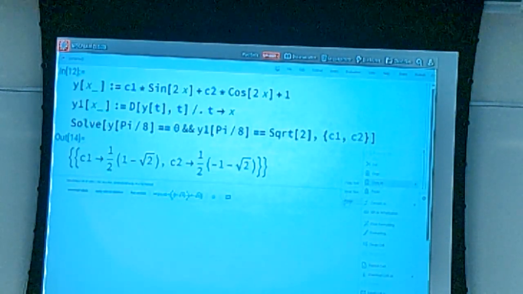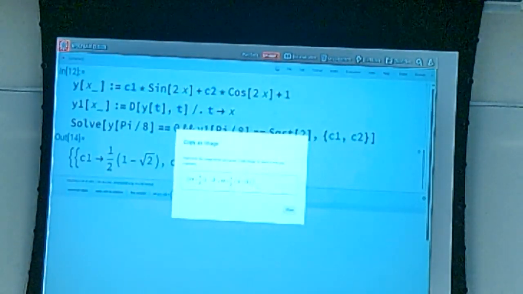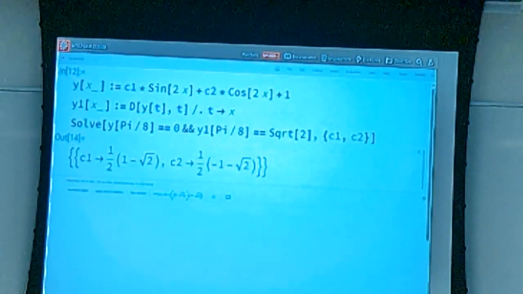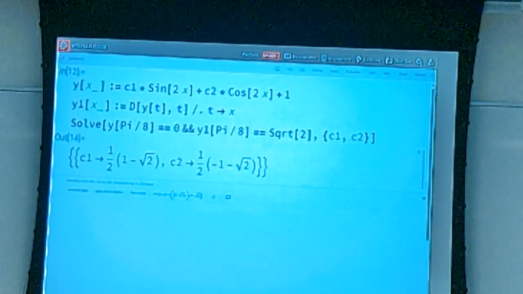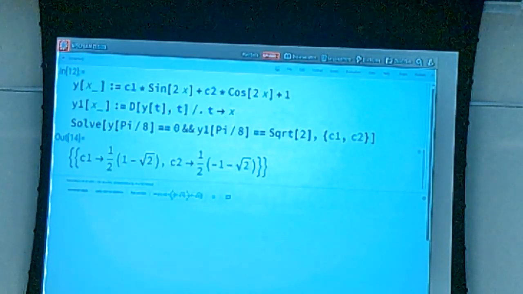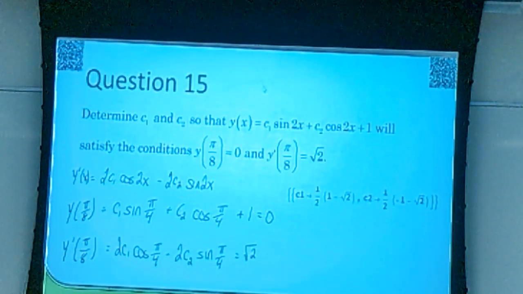Copy image. Thank you. I'll just paste the solution in.